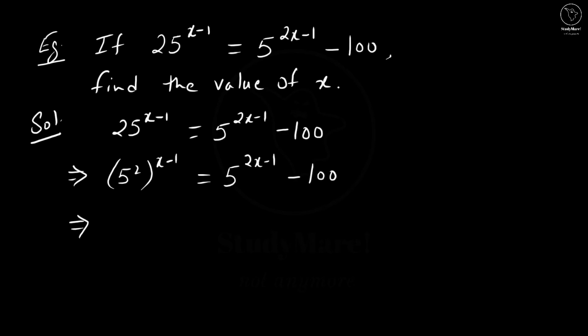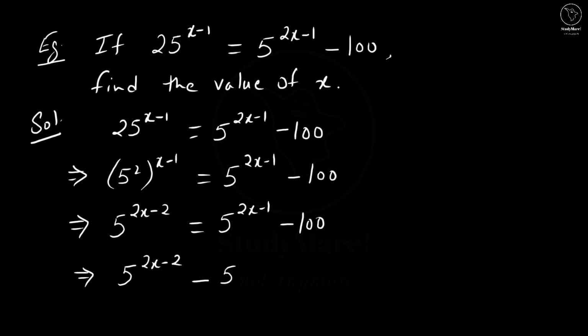It implies 5 to the power 2x minus 2, by applying a to the power m whole to the power n is equal to a to the power m into n, equals 5 to the power 2x minus 1 minus 100. Bringing the term with powers of x from RHS to LHS, we get 5 to the power 2x minus 2 minus 5 to the power 2x minus 1 is equal to minus 100.